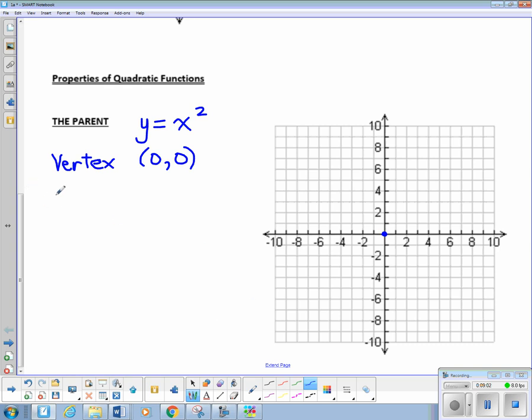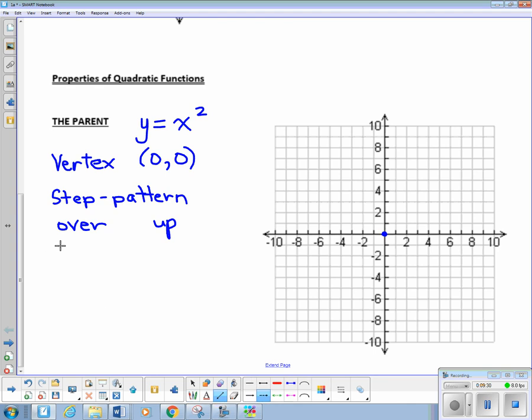When we're talking about a step pattern, we're talking about over and up from things. This is the step pattern for many, many quadratics. The over is going to be over from the vertex, and then up.